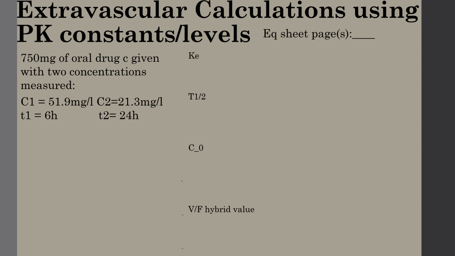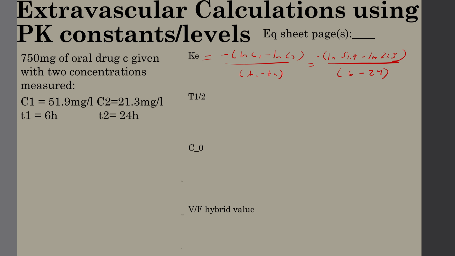So let's calculate Ke. Ke uses that little bit messy equation, minus ln C1 minus ln C2 over T1 minus T2. We plug all that in. Ln of C1 is 51.9 minus ln of C2 of 21.3 over 6 minus 24.